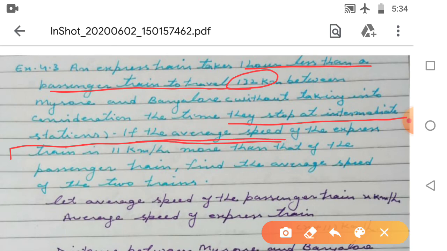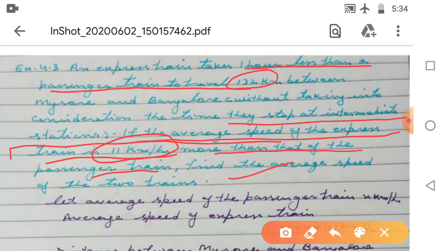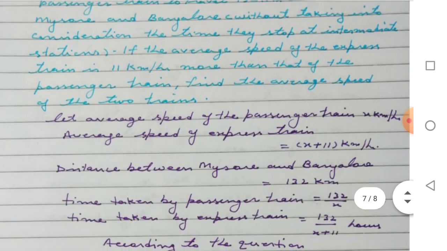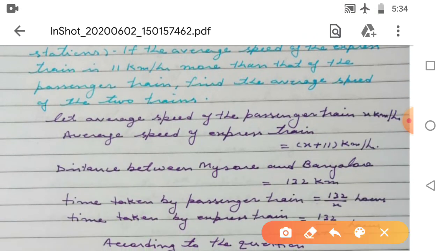If the average speed of the express train is 11 kilometer per hour more than that of the passenger train, find the average speed of the two trains. It's a simple question. The second condition which is given is that the speed is 11 kilometer per hour more. So, let the average speed of the passenger train be x kilometer per hour.